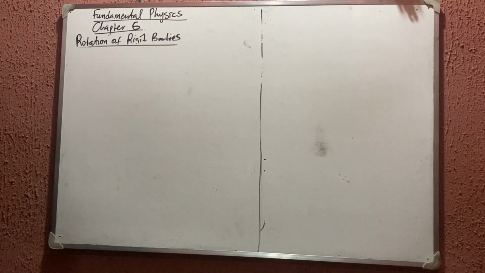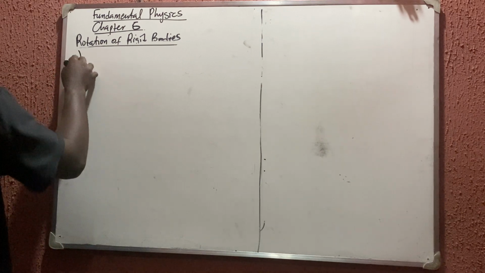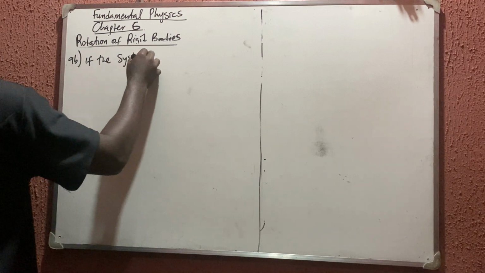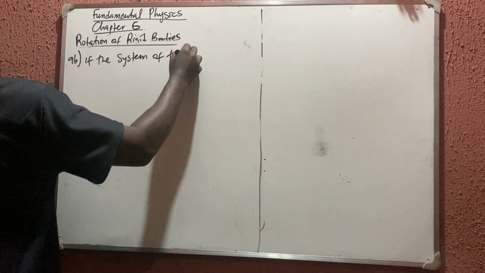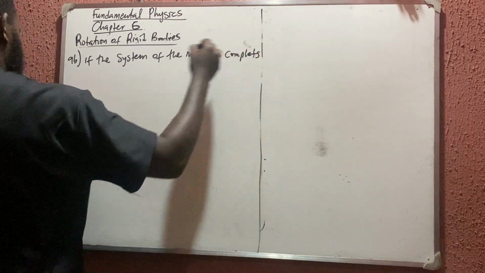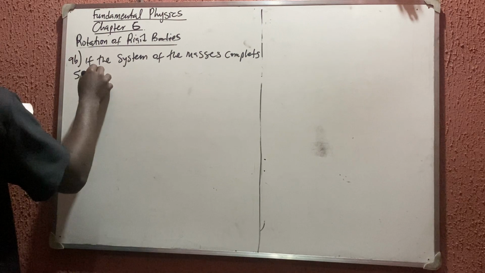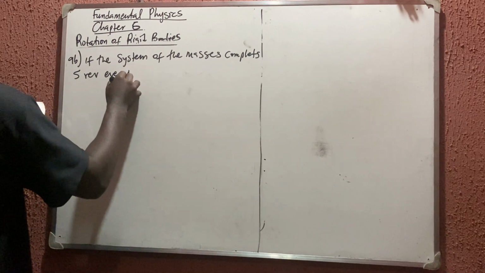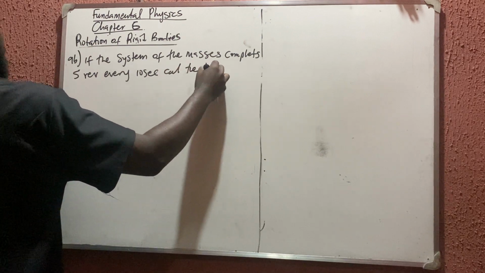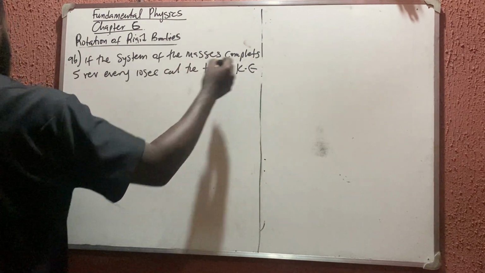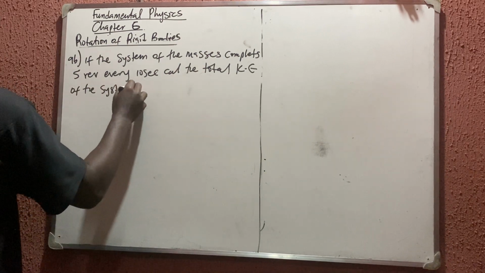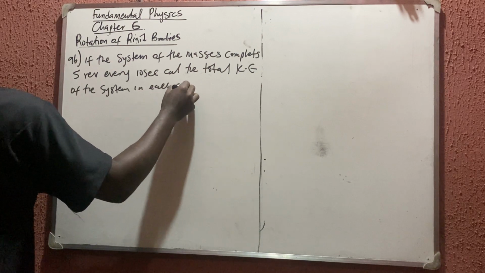Question number 9b. 9b said if the system of the masses completes 5 revolutions every 10 seconds, then calculate the total kinetic energy of the system in each axis.